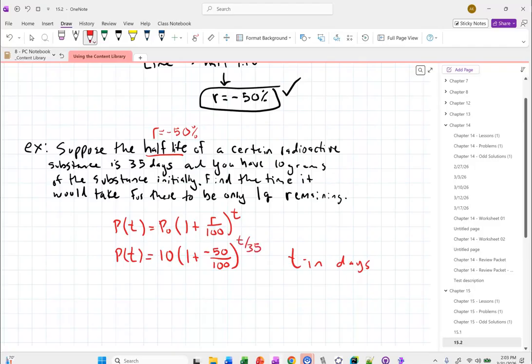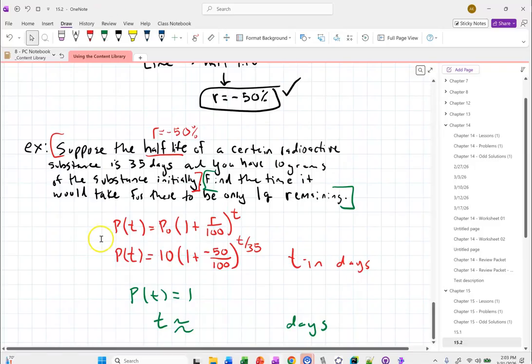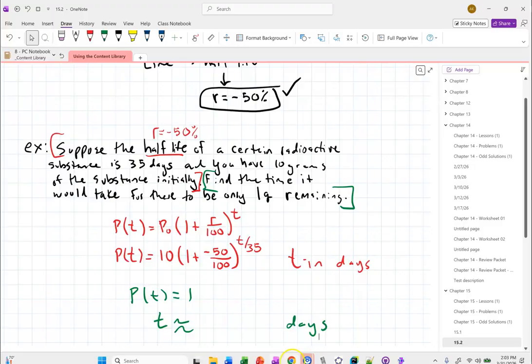So we'll have T over 35. Everybody feel good? So that's like the first half of the question. And in the second half, we're just going to be solving P of T is equal to 1. Everybody feel good? Okay. Let's get that into our calculator.